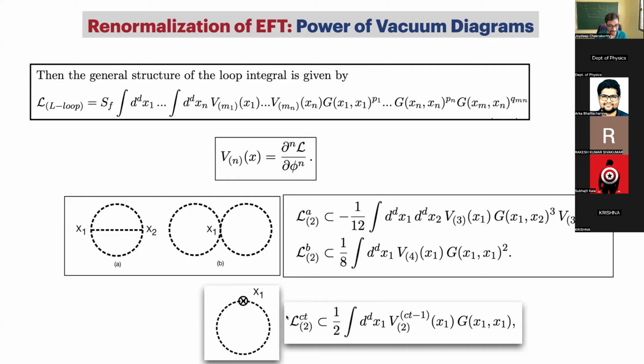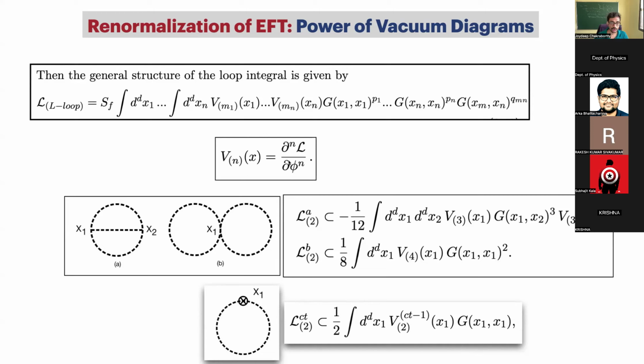But now I have an additional contribution, which is the 1-loop correction of the 1-loop counterterm. So first you calculate the 1-loop process. From there you get the 1-loop effective action and the counterterm. And that 1-loop correction of the 1-loop counterterm you calculate, right? So this is one diagram here. Sorry, one propagator here, x1, that's G(x1, x1). And this is a vertex factor, but this is a counterterm vertex factor.